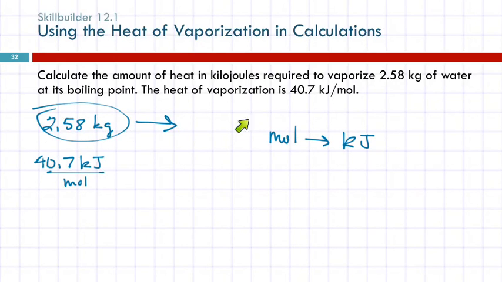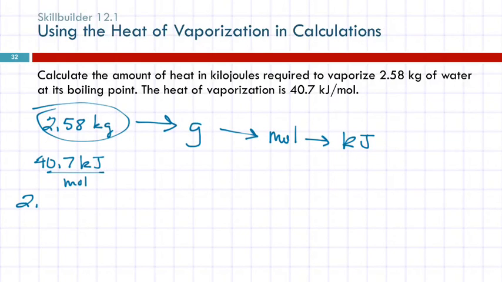How do we get from kilograms to moles? We need grams in between, don't we? We can convert kilograms of water to grams of water, and then we should be really good at converting grams to moles by now, just using the molar mass. So write the path out, and then just follow the steps of dimensional analysis.